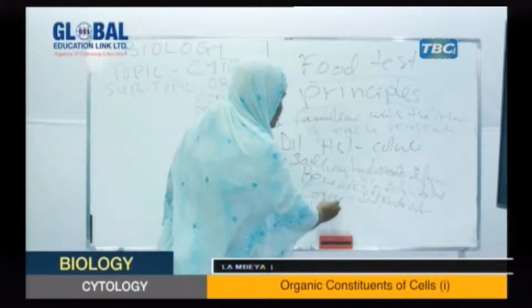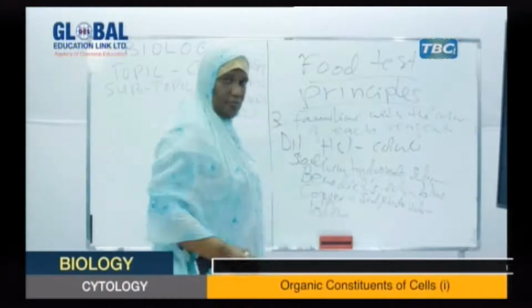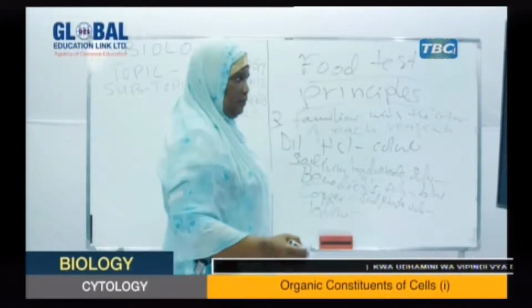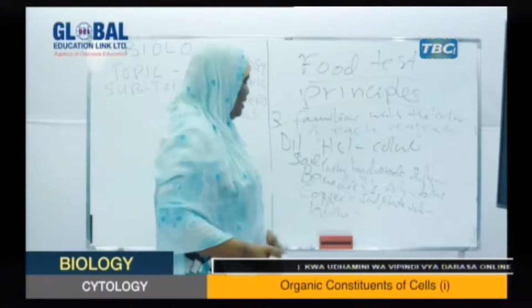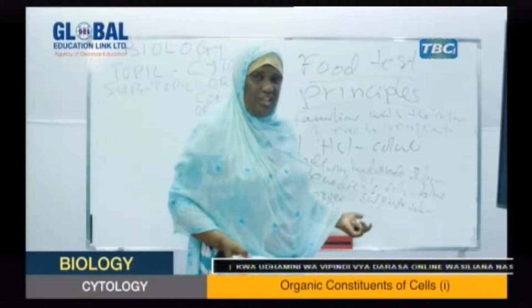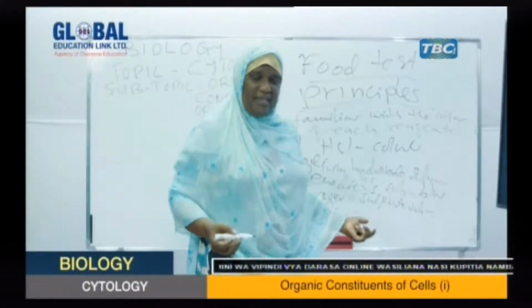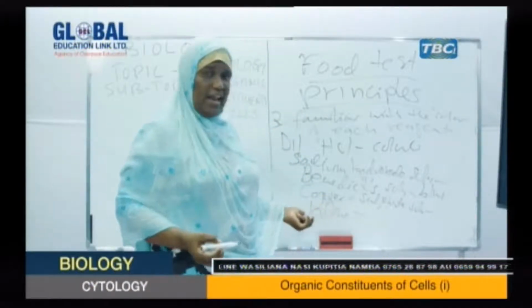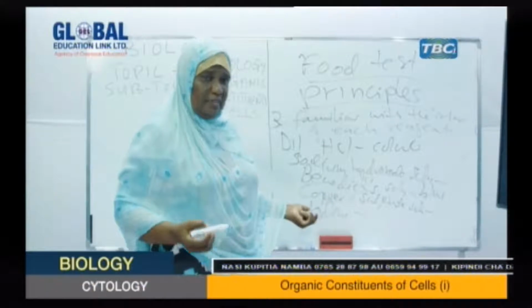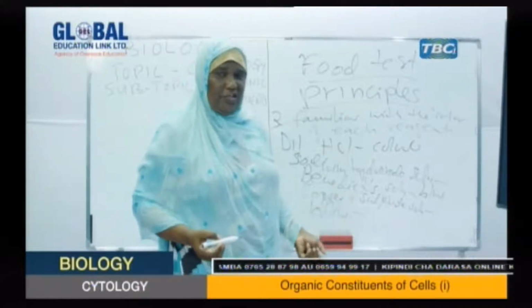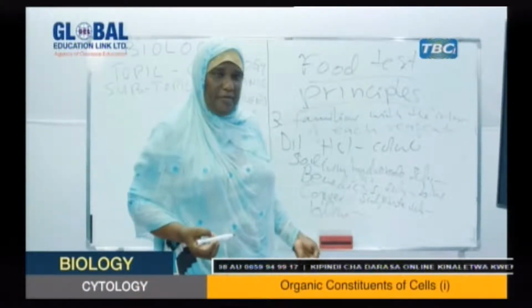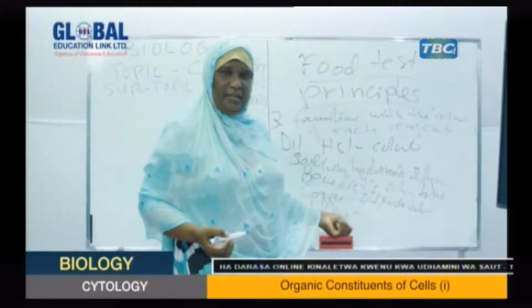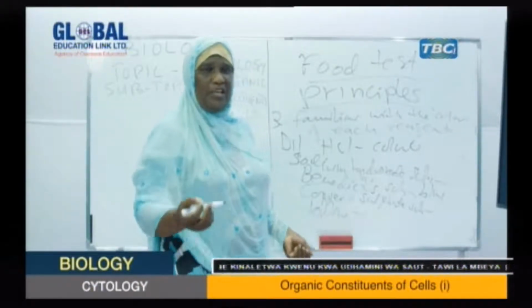Color of iodine, some people say that iodine is yellowish in color. Others say it is orange in color. Some say it is brownish in color. But actually, it depends on the amount of iodine in water.